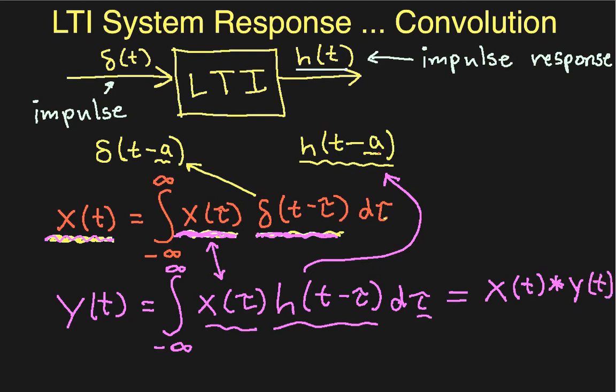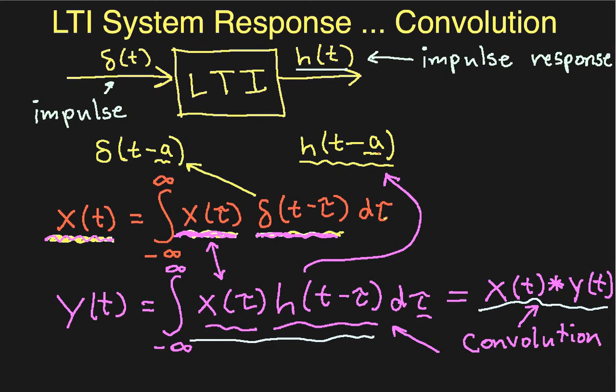We write x of t, then an asterisk or a star, h of t, and we give it a special name. This is a convolution integral. So this notation is just a shorthand for this whole integral expression.